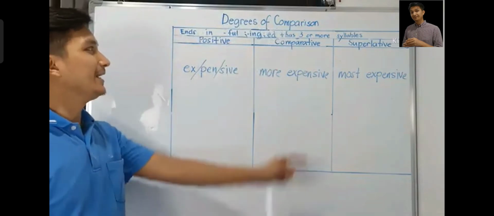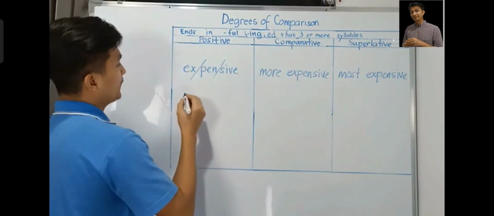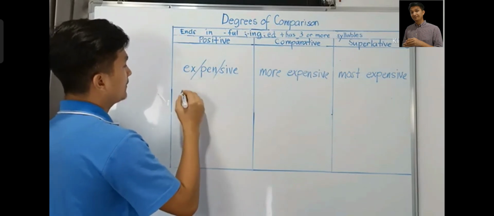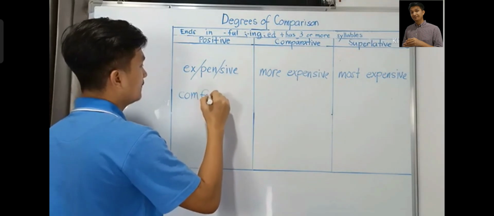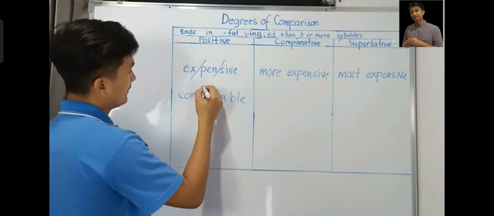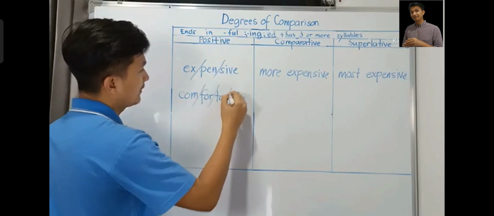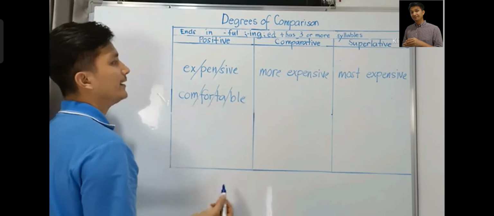All right, how about if there are more syllables? For example, the word comfortable. All right, so let's count it: 1, 2, 3, 4. Comfortable, right?